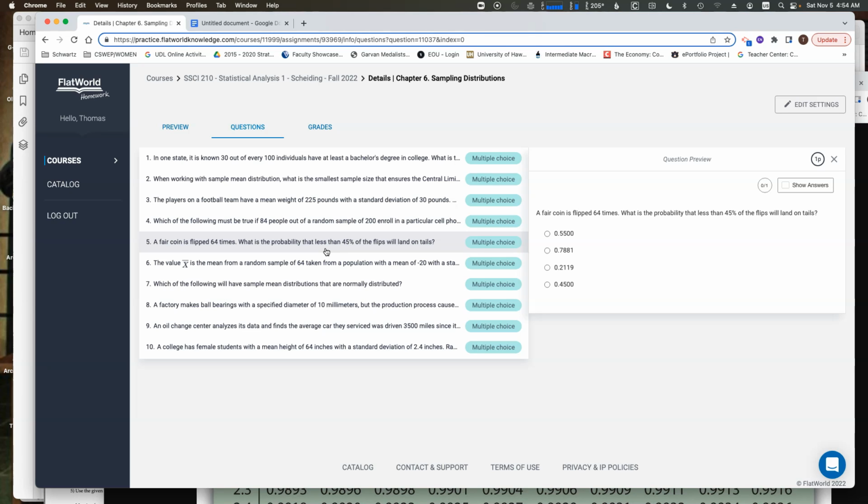A coin is flipped 64 times, probability of getting less than 45% on trials. So we need to find first what's 45% of 64. That's 28.8, so we're essentially looking for the probability of x less than 29.